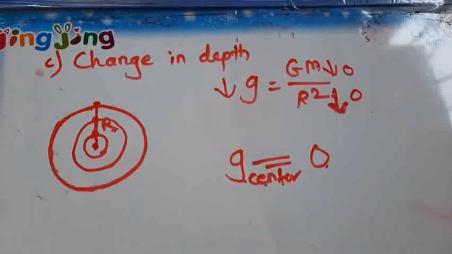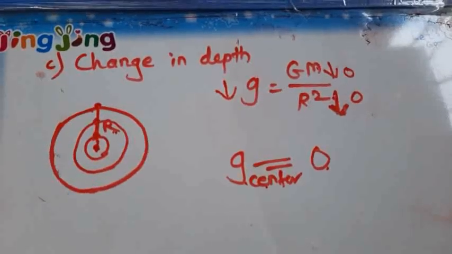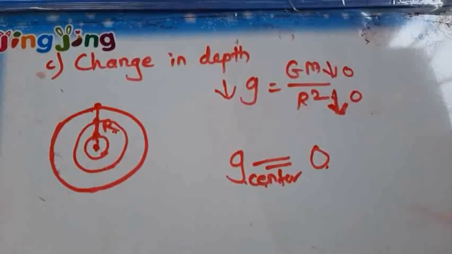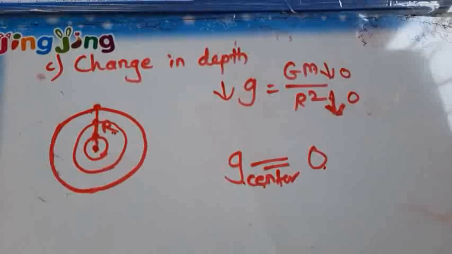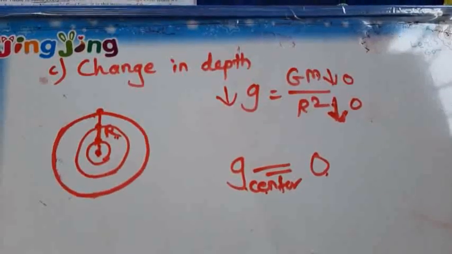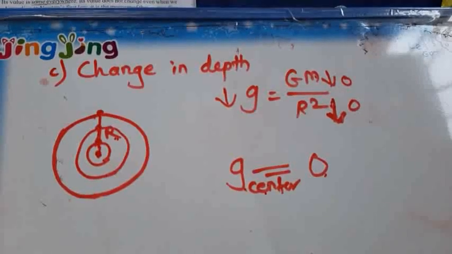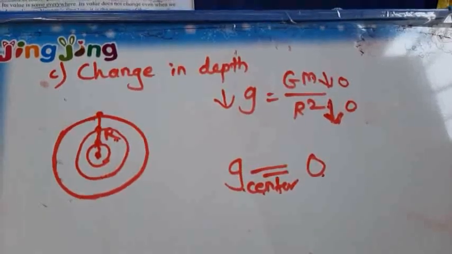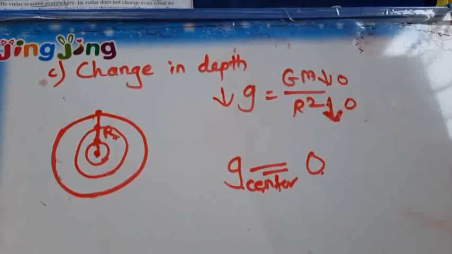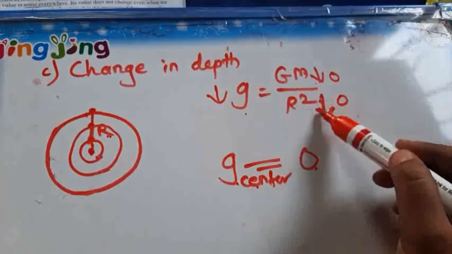Now, one question is: you might have seen astronauts walking on the surface of the moon, and they look like they are jumping. Why is this happening? Because the acceleration due to gravity of the moon is different from that of the earth. Every planet and satellite has its own mass and radius, and we know that acceleration due to gravity depends on mass and radius.